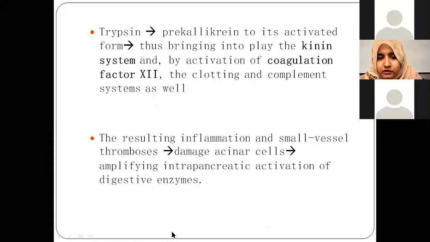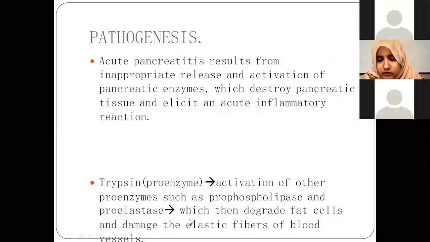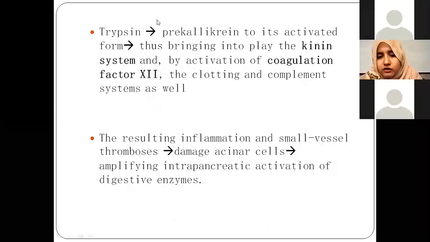Trypsin also acts on prekallikrein, converting it to its activated form, thus bringing into play the kinin system, and by activation of coagulation factor 12, the clotting and complement system as well. So you have this affecting the elastic fibers of the blood vessel, the activation of prophospholipases and proelastases, and the action of trypsin on the kinin system and the clotting and complement system.